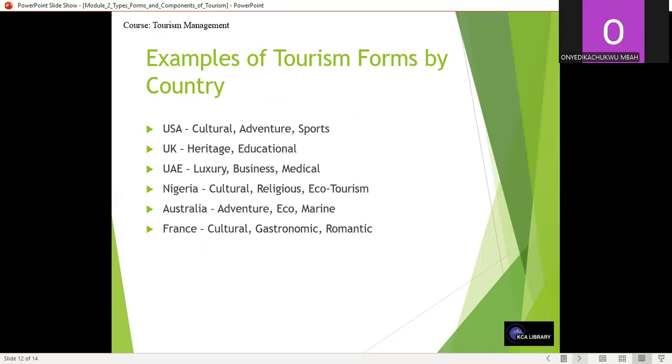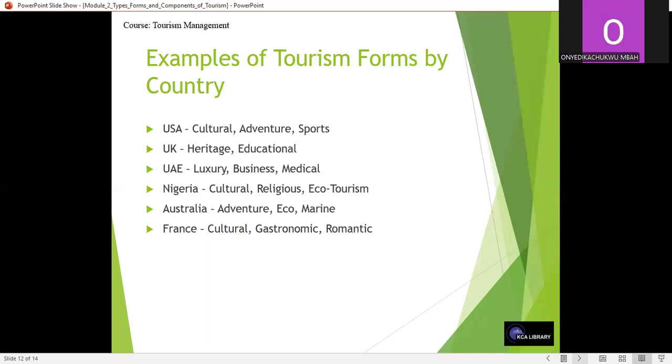Now, examples of tourism forms by country. USA is usually cultural, adventure, and sports. UK is usually heritage and educational. UAE is usually luxury, business, and medical.